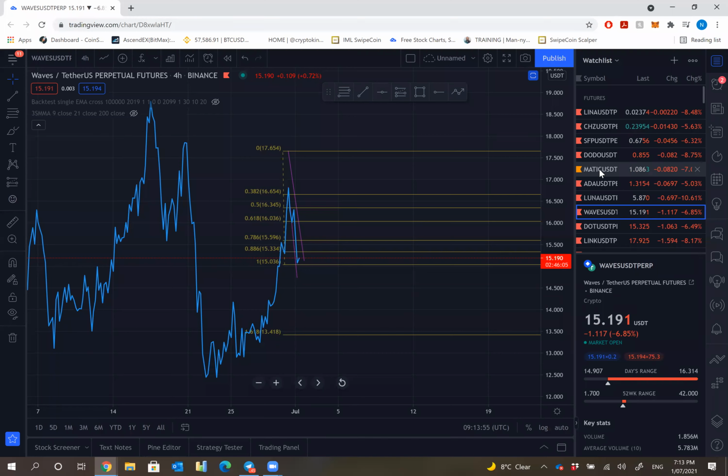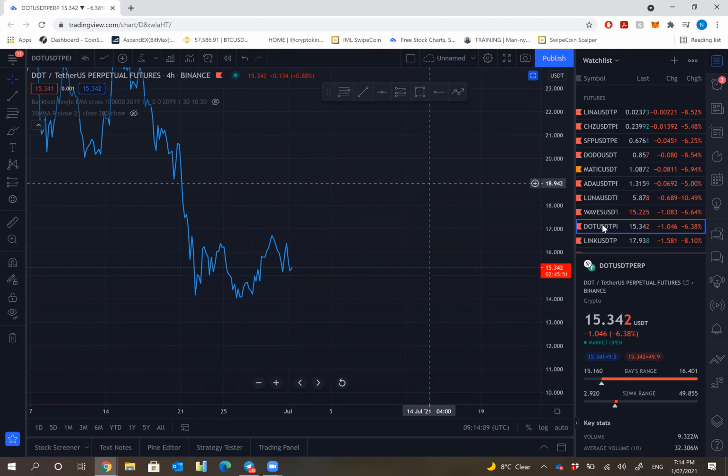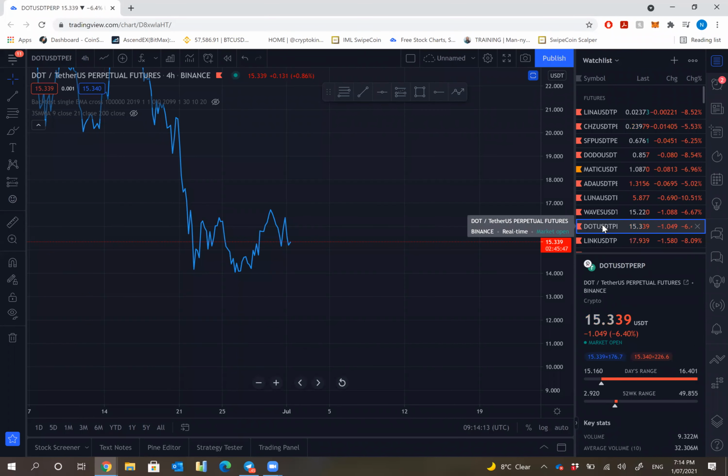Cardano and Waves as well. You'll find that with your favorite coins, you'll be able to chart easily over the years because you know how they work. The reason we all know that Rune works really well is because Rune recovers from a dip really quickly. So that's why all of us love Rune.